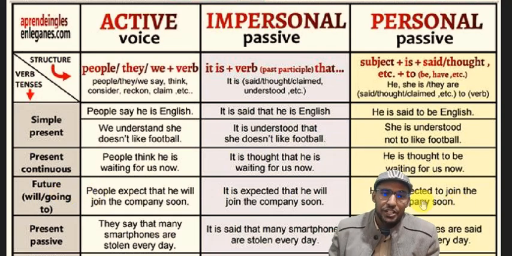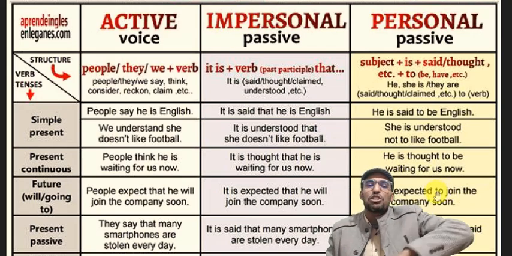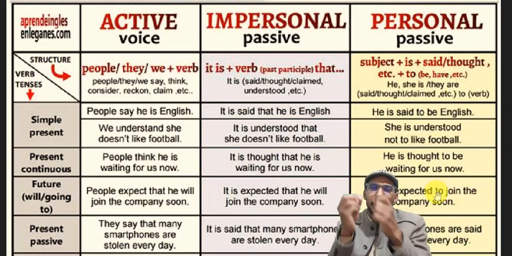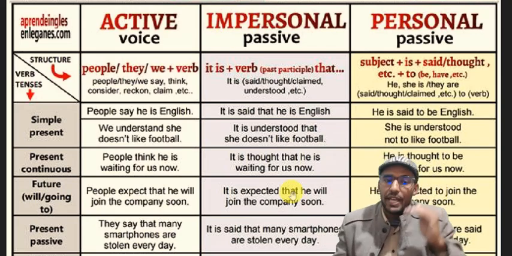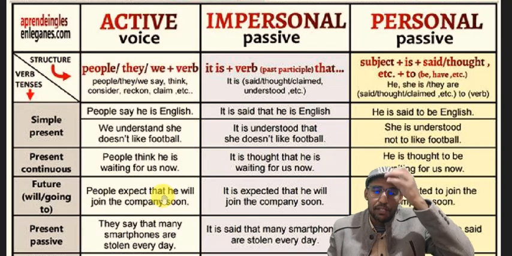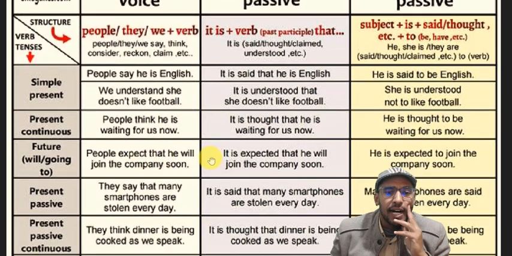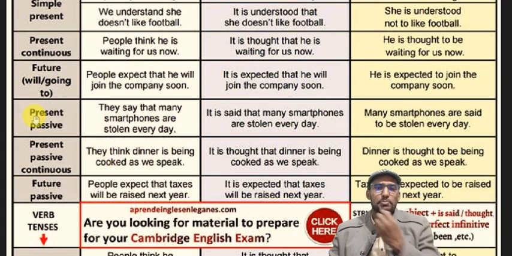Present and future become just like the present simple, as we have seen: we turn the verb into the infinitive with to. So we have the same thing for the simple present and the simple future. If you have the present passive, what do I mean by present passive?